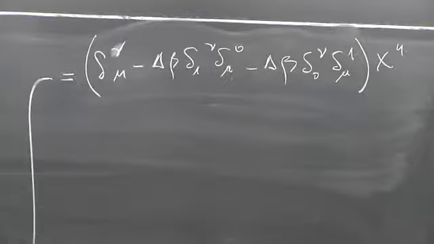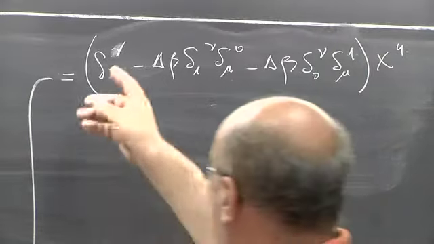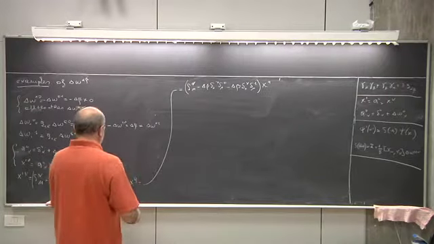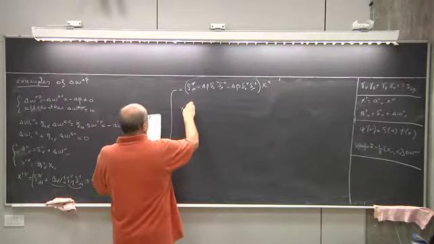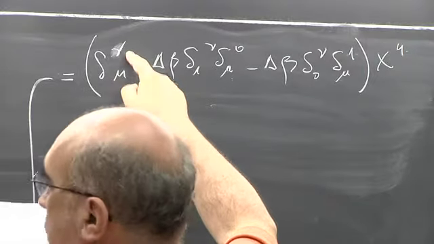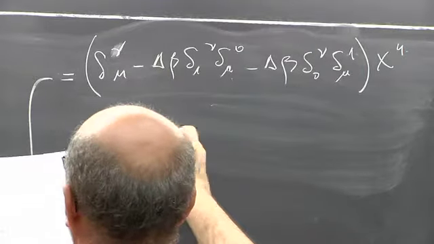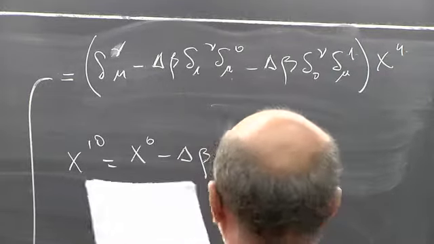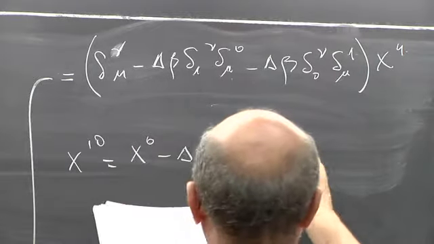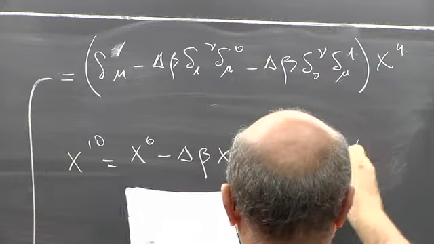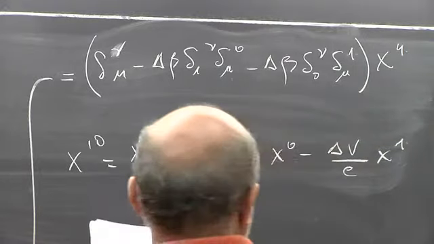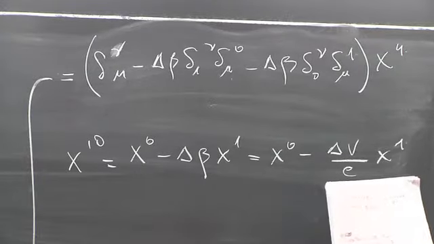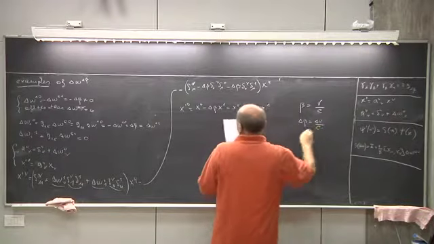Now let's look at the various components. This is the transformation, this is x prime. So I have x prime 0 equal, now I take nu equals 0, so I have x0 minus delta beta x1. If I consider delta beta as delta v over c, I have x0 minus delta v over c x1. So I interpret beta as v over c, so delta beta is delta v over c.